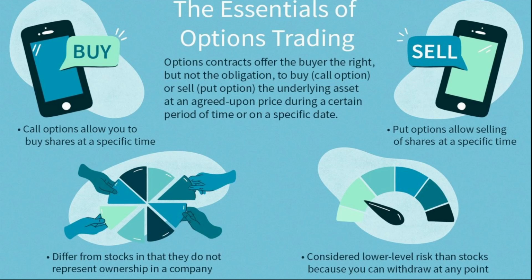You're going to buy a call option to allow you to buy shares at a specific time, or you're going to buy put options to allow selling of shares at a specific time. But you don't know how much a share is going to go up or down in a specific amount of time. You just don't know.